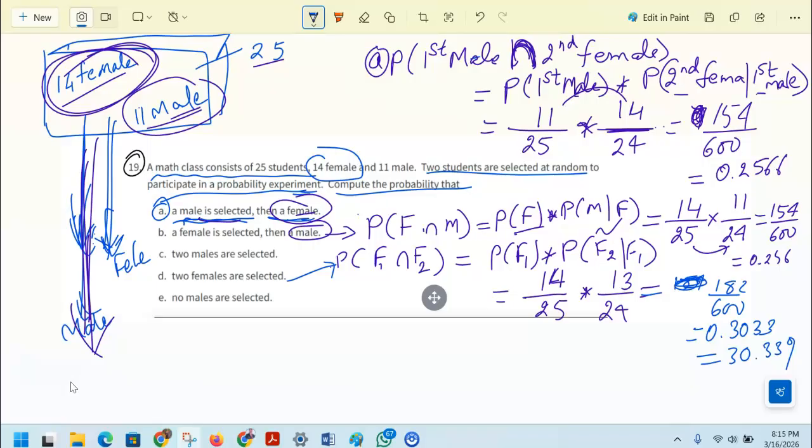Now let's see the C I forgot. This is the probability both males. So the first one is male, and the second one also is male.